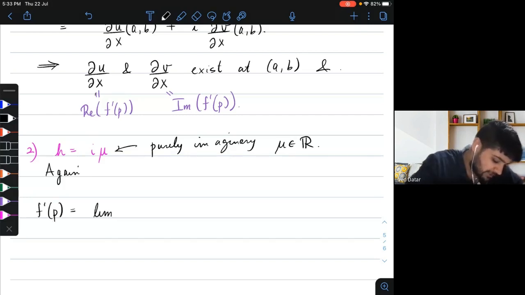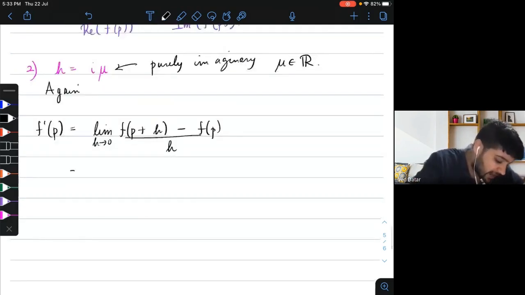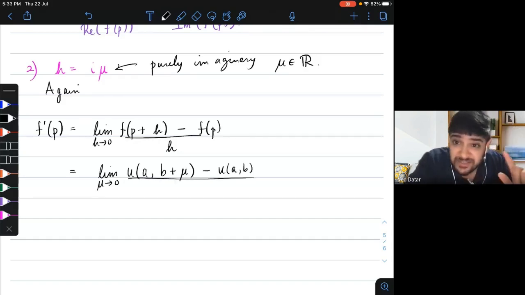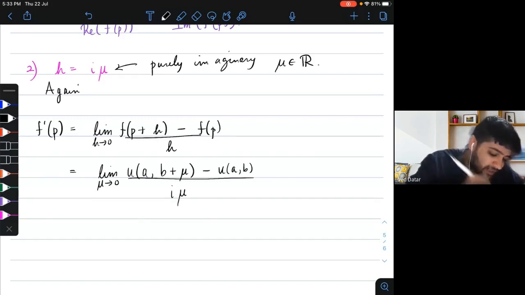That is the limit as h goes to 0 of this. But now h is I times mu, so that's the same as the limit as mu goes to 0 of u of a comma b plus mu minus u of a comma b, divided by h, which is I times mu. So you will have an I times mu in the denominator. And then plus the imaginary part, which is given by this.